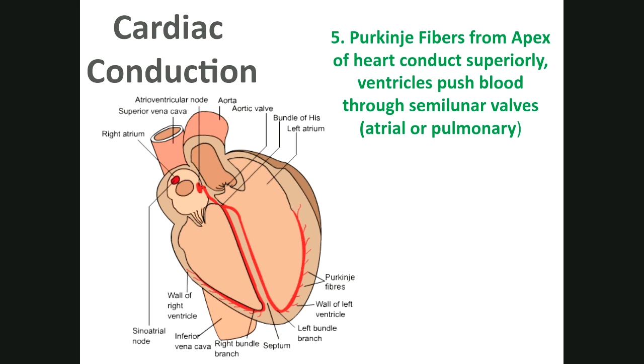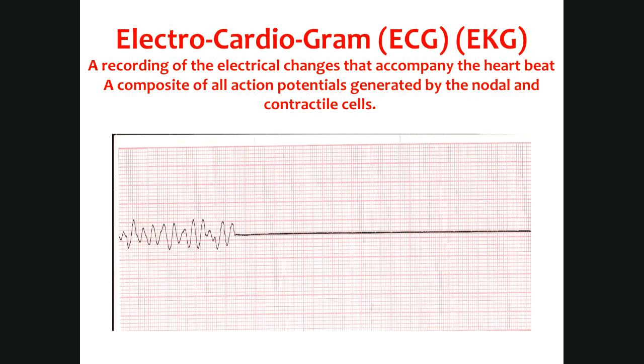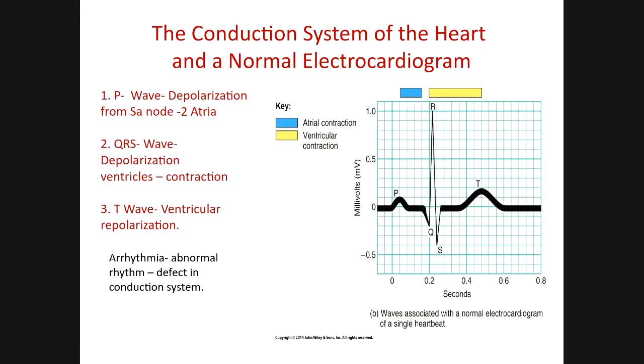And this is what's going to cause both ventricles to contract at the same time, pushing blood through both semilunar valves. So how do we measure this activity? We measure this with an EKG. It's a recording of the electrical changes that accompany the heartbeat. So this is a brief overview of how we study this.